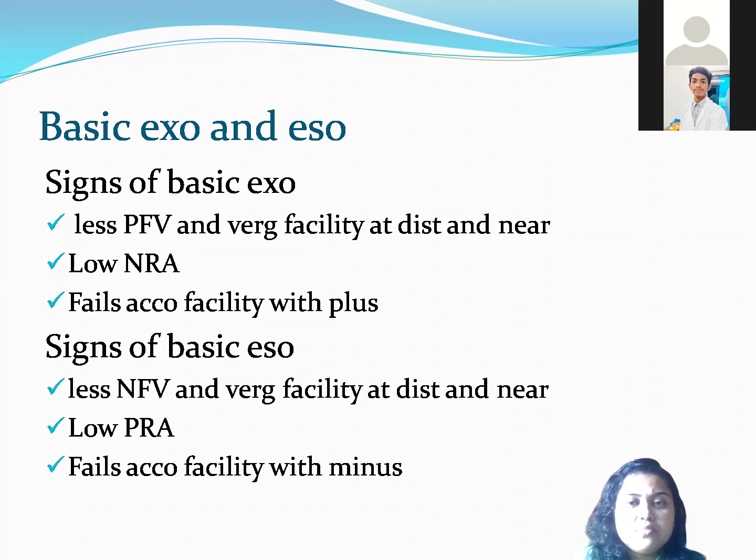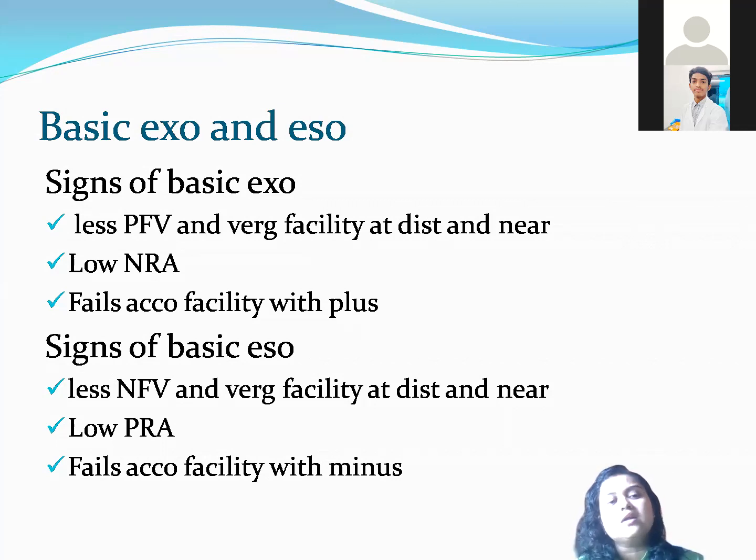So NFV will be less for distance and near both when we are doing a step divergence testing. PRA will also be less, and the patient fails accommodative facility with minus lenses. Basic esophoria and basic exophoria also are seen in a very small amount compared to the other cases.